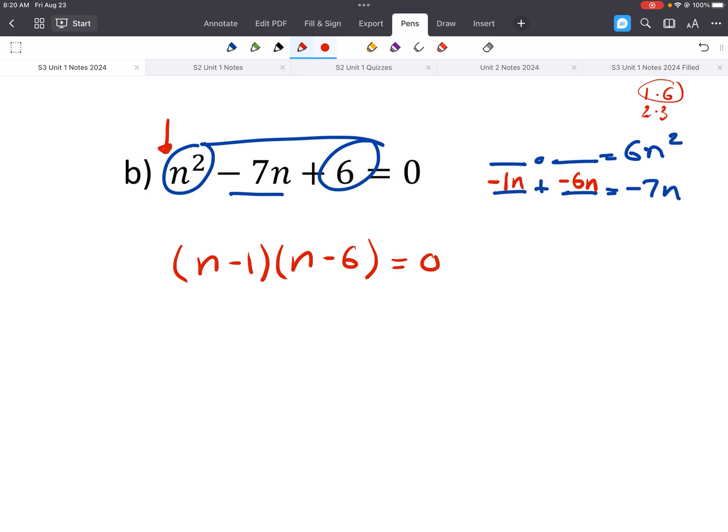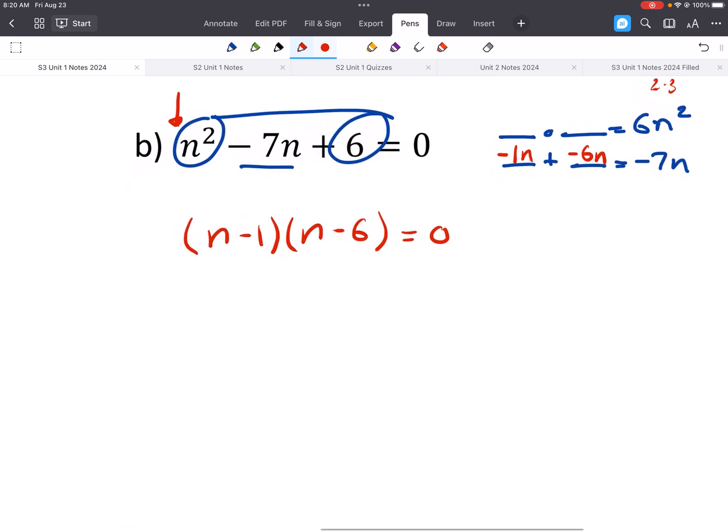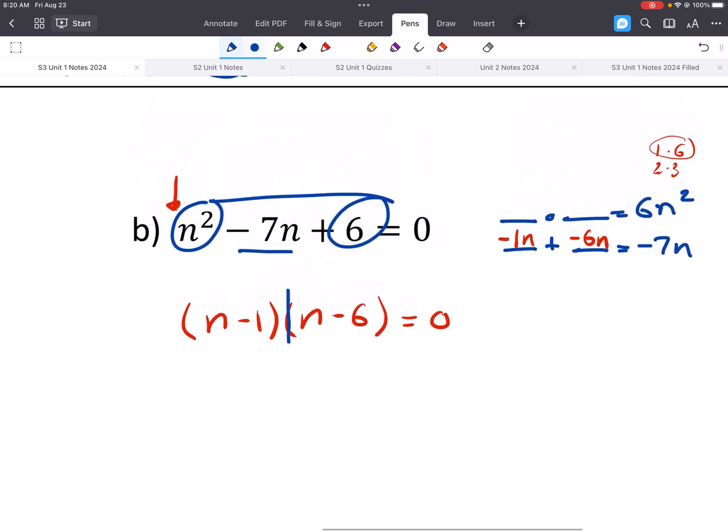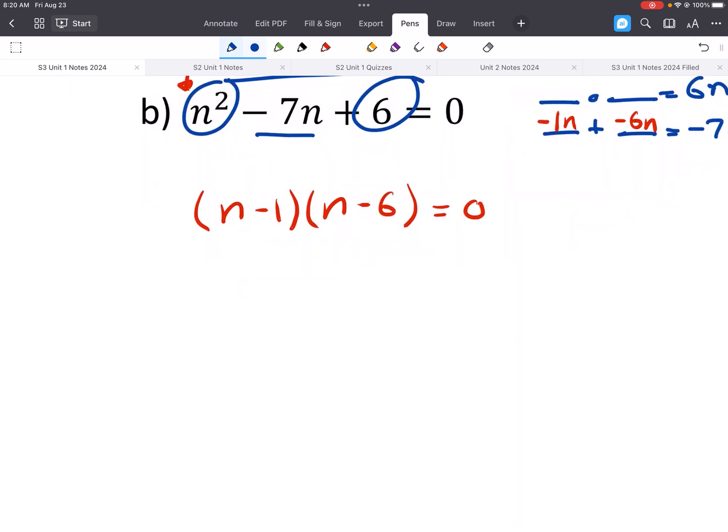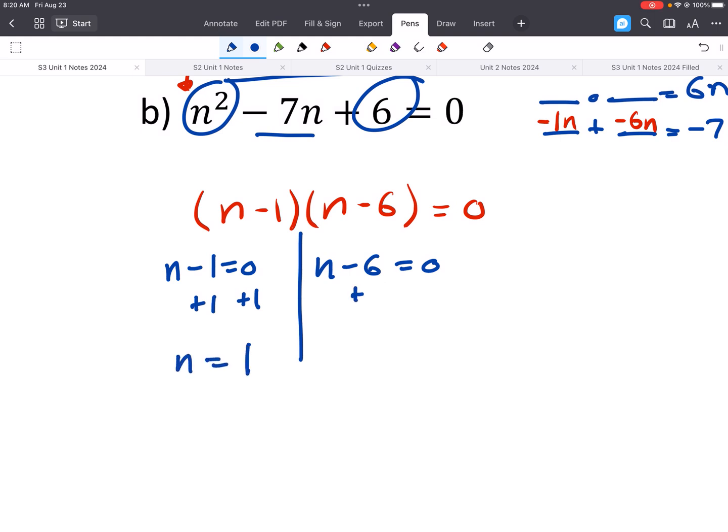Okay, and then we can do the zero product property. You could probably do this without writing anything, but we'll just do it anyway. So n minus 1 equals 0, and n minus 6 is equal to 0. So if we add 1 to both sides, we'd get n equals 1. And if we add 6 to both sides, we would get n equals 6.